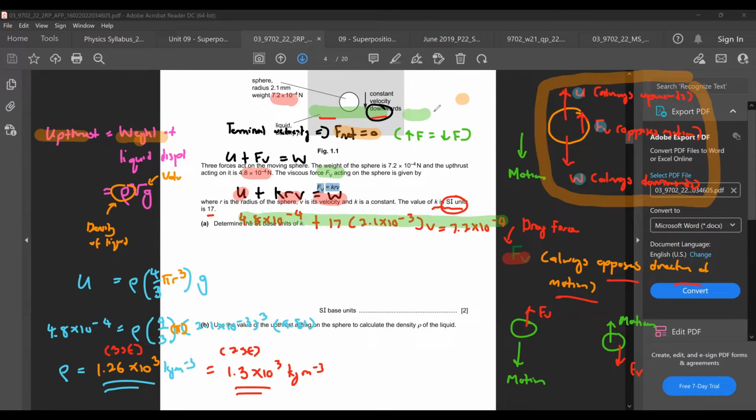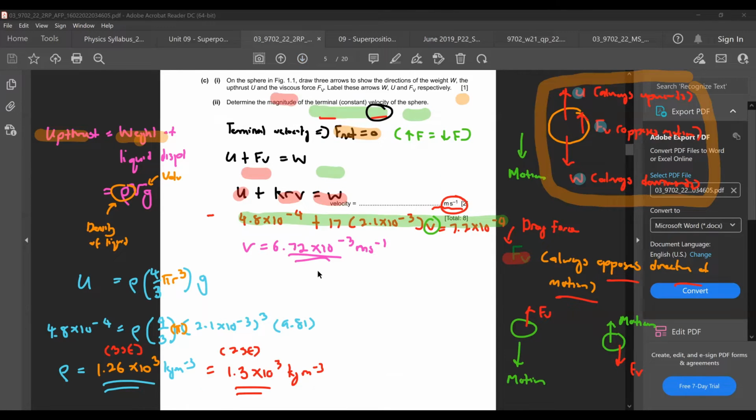Okay, so let's just quickly calculate it out. So you have 7.2 times 10 power minus 4 minus 4.8 times 10 power minus 4, divided by 17, divided by 2.1 times 10 power minus 3. You should have 6.72 times 10 power minus 3 meter per second.